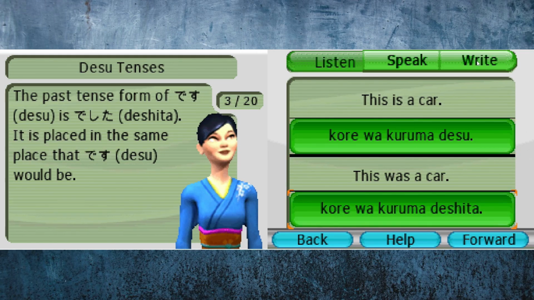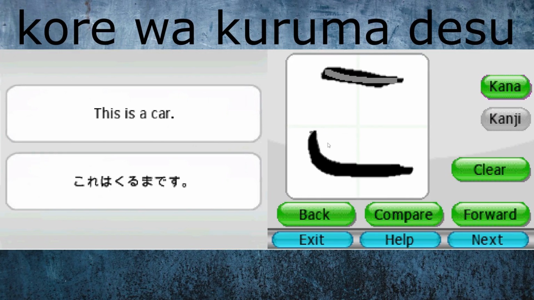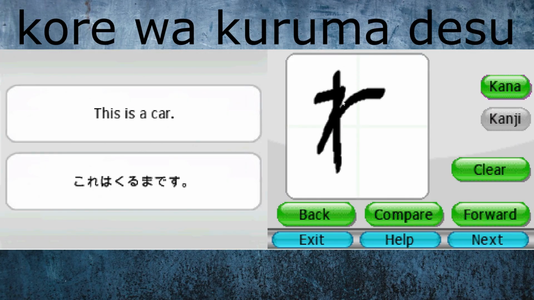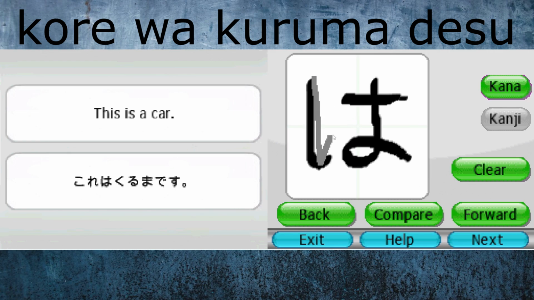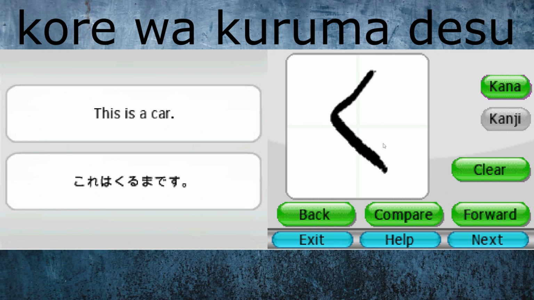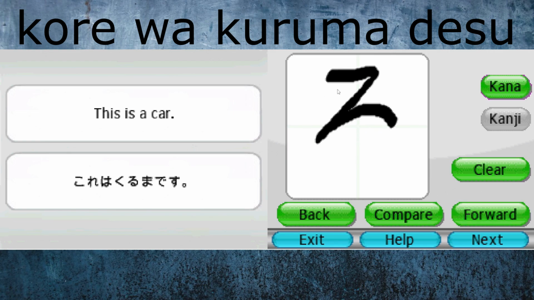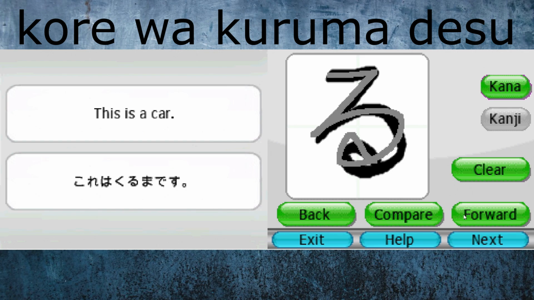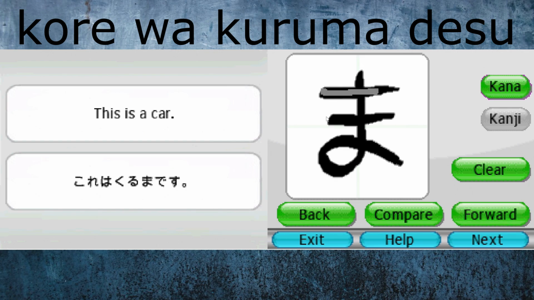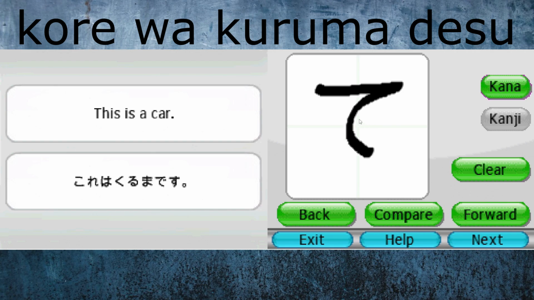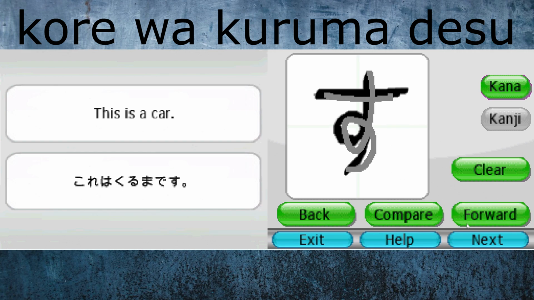Now let's write down the sentence. Kore wa kuruma desu, or this is a car.